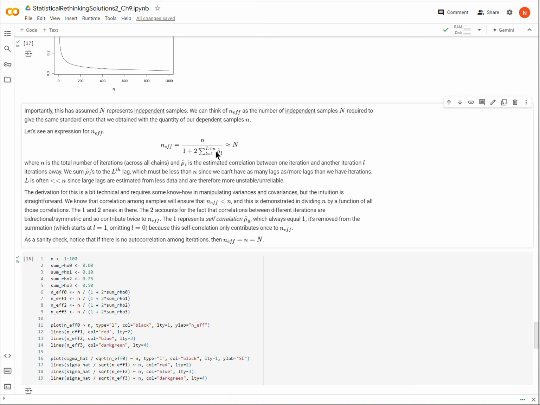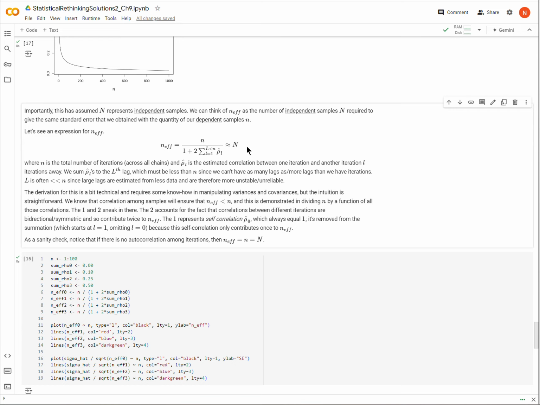So we know that if n is the number of samples generated by our sampler, the number of effective samples is going to be less than that. It's going to be less than the number generated by our sampler.